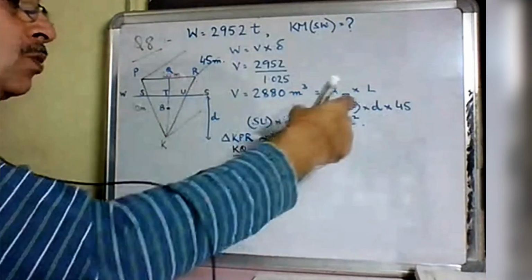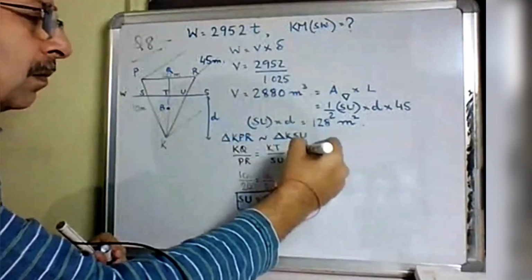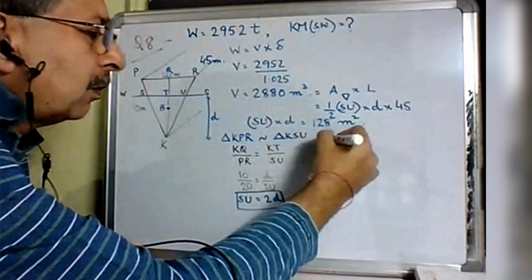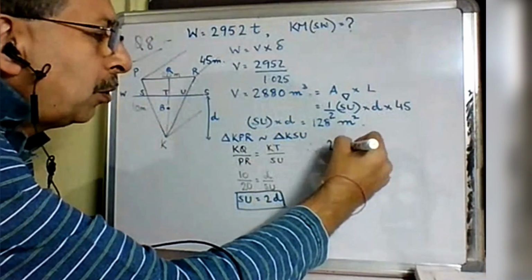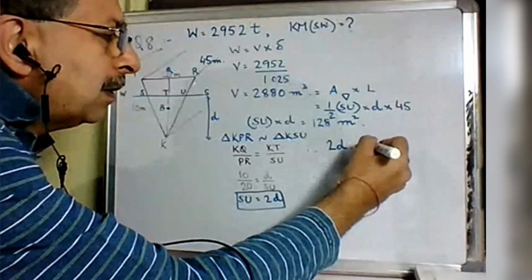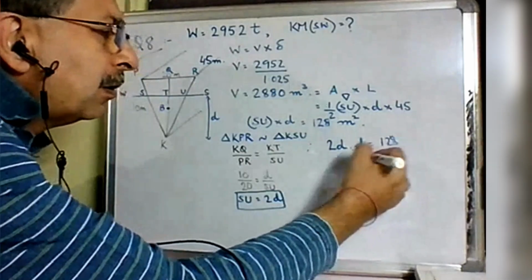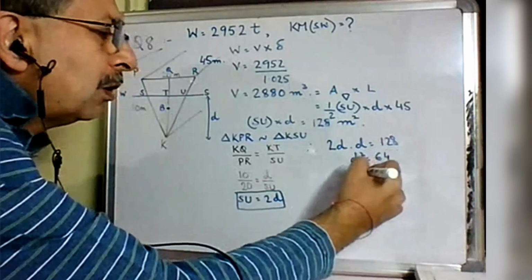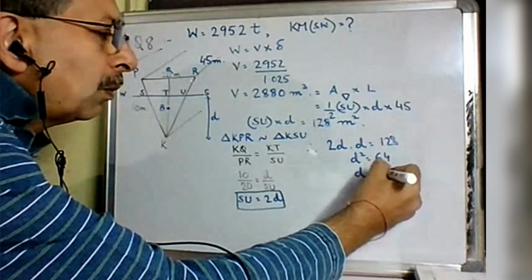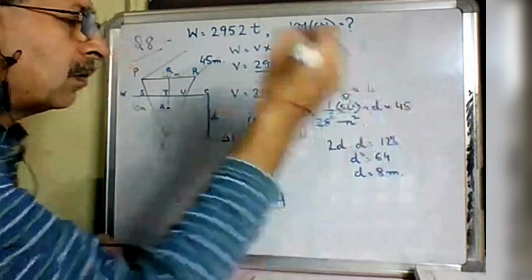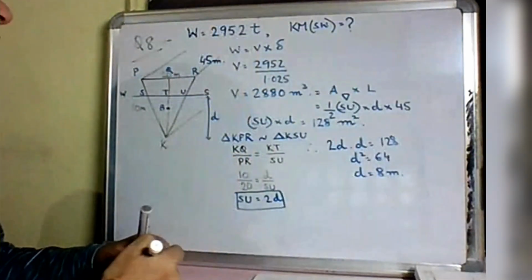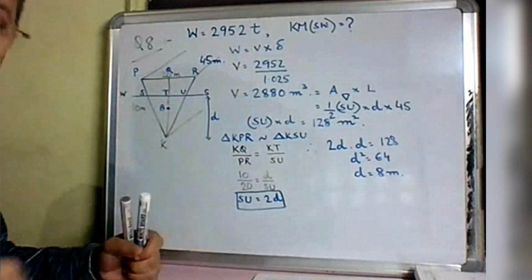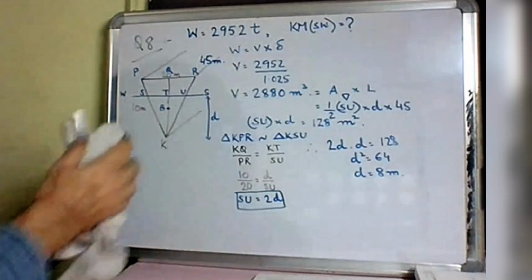Replace this in the earlier equation. 2D into D is equal to 128, or D square is equal to 64, or D is equal to 8.